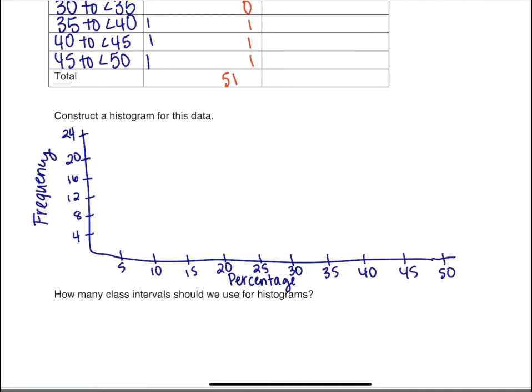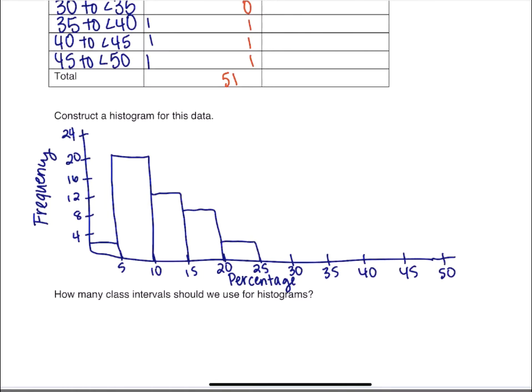And now we just simply draw a bar that is the height. So from 0 to 5, I need to have a height of 2. From 5 to 10, I need to have a height of 21. From 10 to 15, it's a height of 12. 15 to 20, a height of 9. 20 to 25, height of 3.